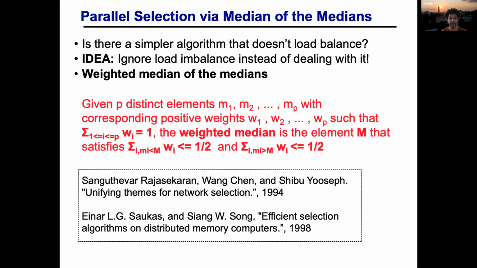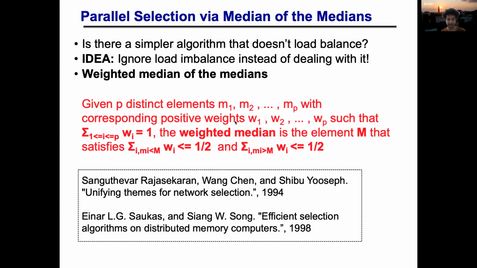And the weighted median is such that if you had sorted them and you were summing up the weights, it is the index at which the summation of the weights w0, w1, w2, all the way to the median that we're dealing with is equal to 1/2.